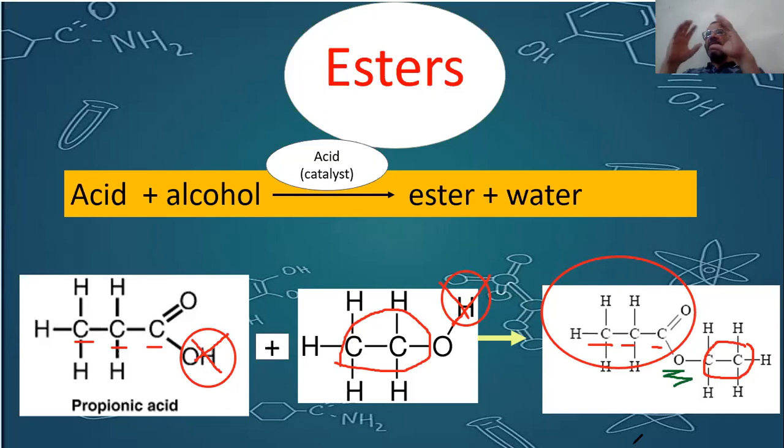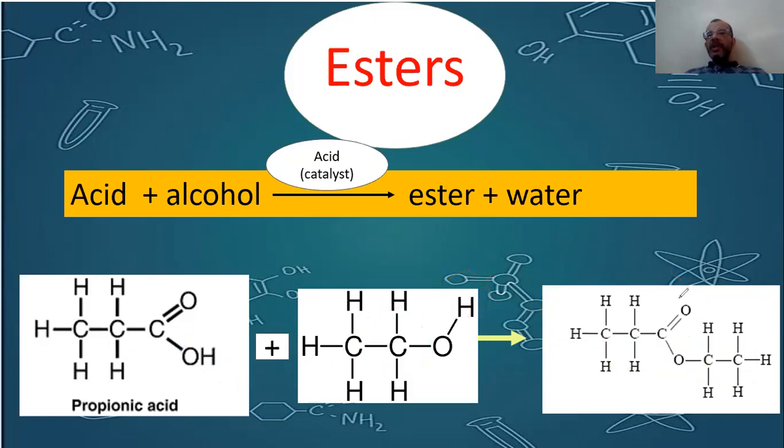Like if you have something like a box, you can rotate it from the left side to the right side. If you look here, this one is an ester. The ester now contains what? Two oxygen atoms. Like acid. We said that acid has two oxygen atoms, and ester has two oxygen atoms.